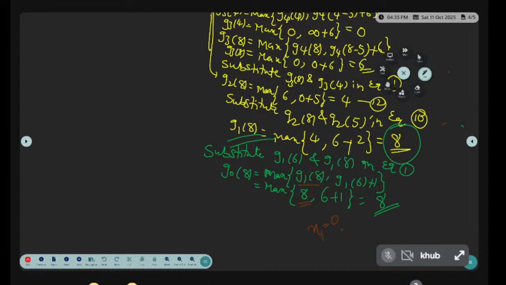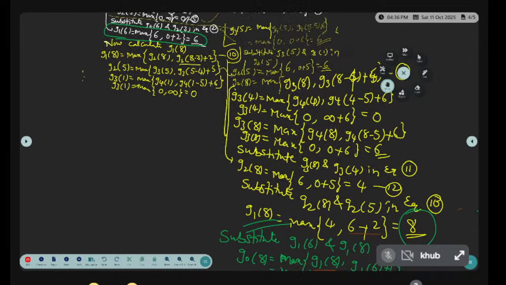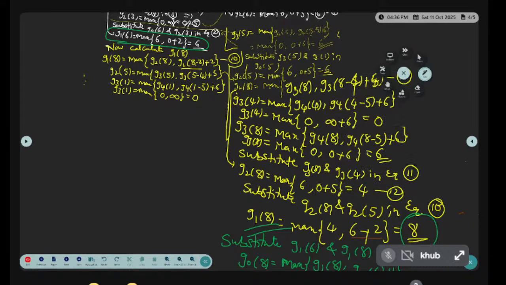G1 of 8 వాల్యూ ఎట్లా వచ్చింది? సెకండ్ పారామీటర్ షోస్ దట్ సెకండ్ ఐటమ్ హ్యావ్ బీన్ టేకెన్.